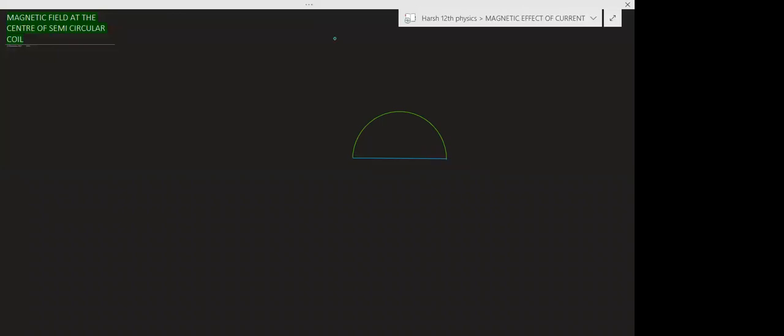This is the center point, and suppose this is A and this is B, and this angle alpha is equal to 180 degree this time. When you convert this 180 degree into radian, you will multiply 180 with pi by 180, and you will get pi radian. You will put this value in this formula.